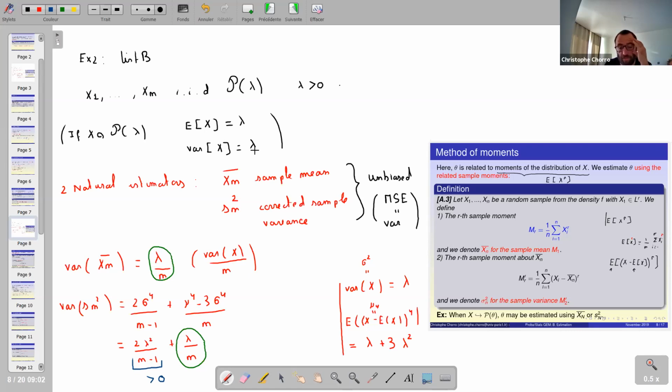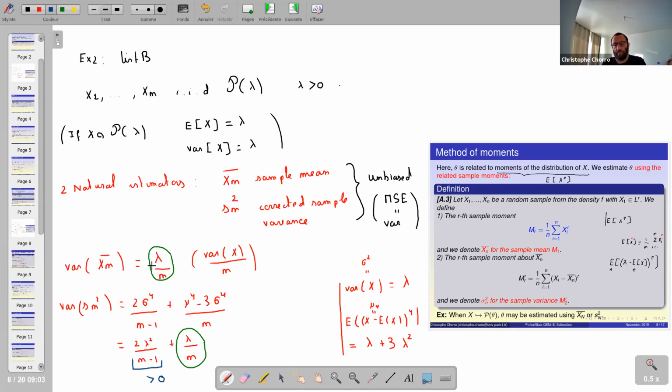And the best of the two is the sample mean, because its variance is the smallest one. So in this particular situation, if you have the choice, use the sample mean instead of the corrected sample variance, because you will obtain an estimator with a smaller mean square error.